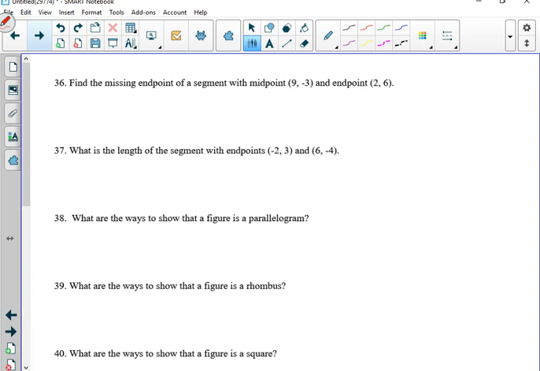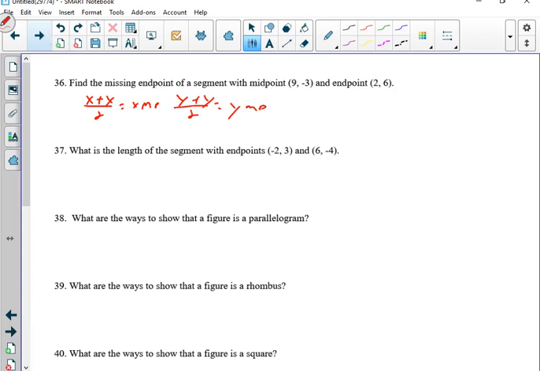All right. 2 more pages of this section. Find the missing endpoint with midpoint 9, negative 3, and endpoint 2, 6. So remember, it goes x plus x divided by 2 equals the x midpoint. And y plus y divided by 2 equals the y midpoint.